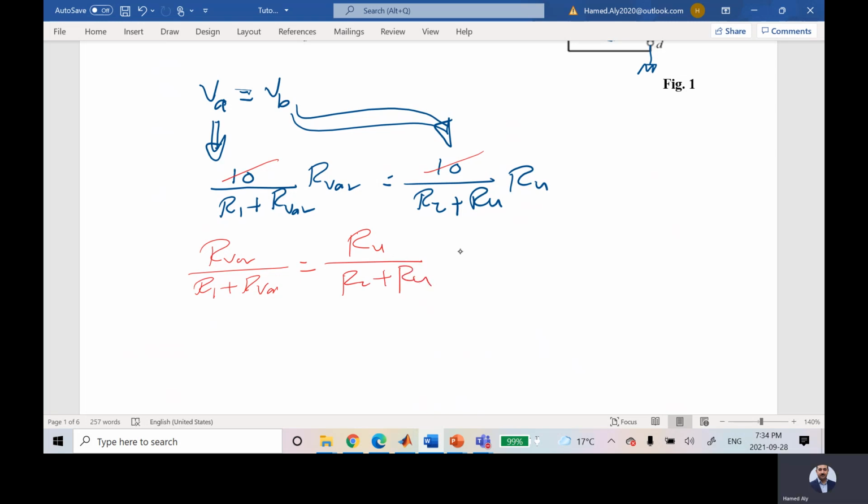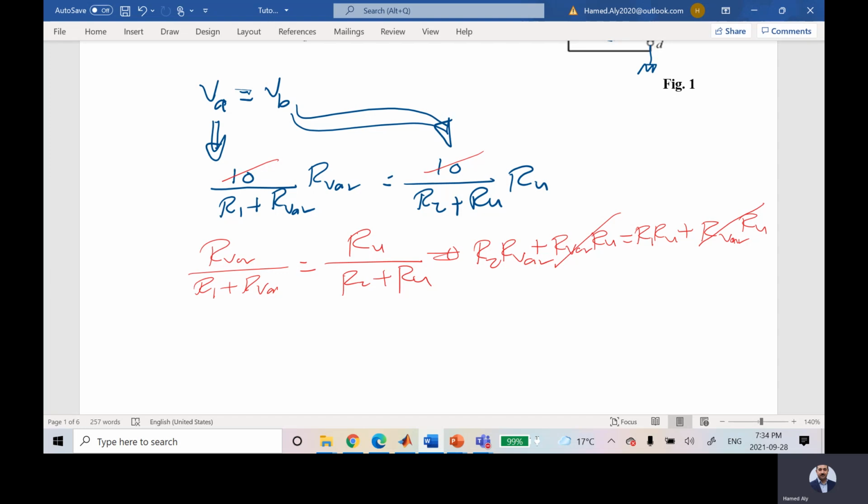Then I can simplify this to be R2 times R variable plus R variable times RU, which is equal to R1 RU plus RU R variable. This guy could be cancelled with this guy.